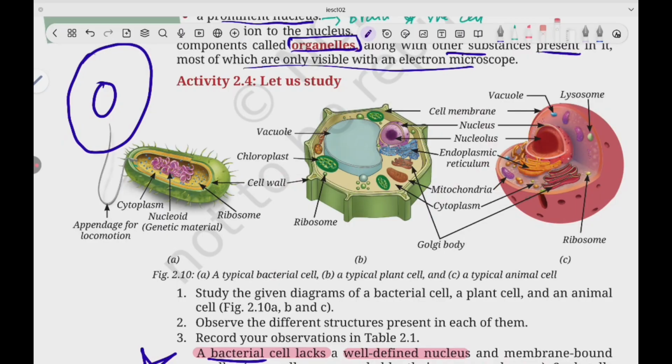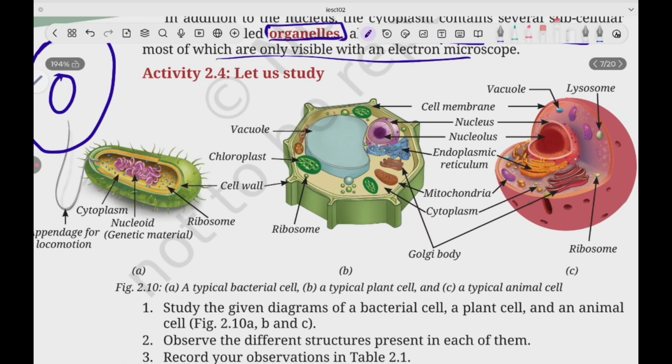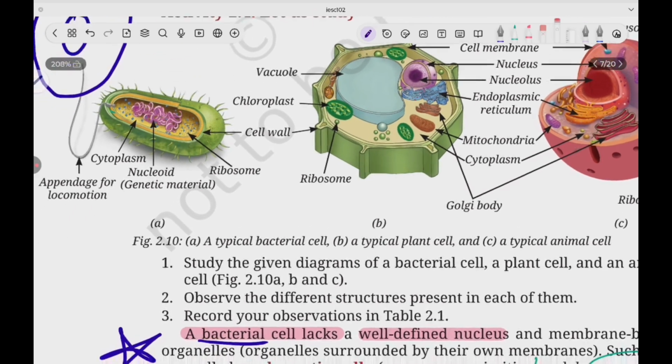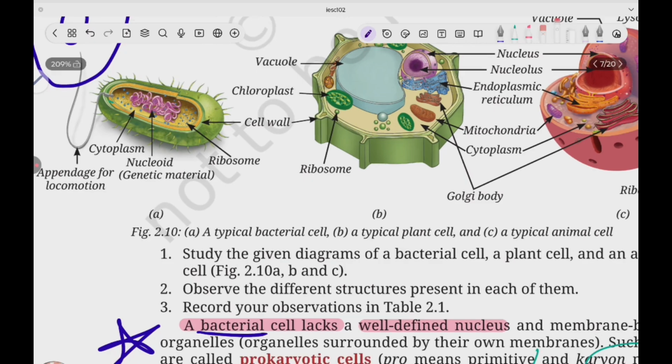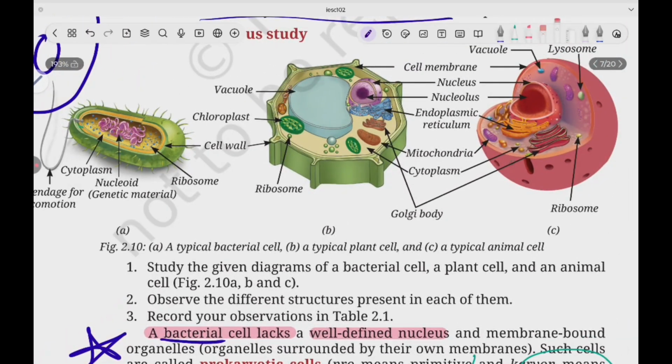The third thing is the genetic material is freely suspended here, whereas in both animal and plant cells the genetic material is covered by an envelope called the nuclear membrane. Just like the cell has a cell membrane, in the same way the nucleus has a nuclear membrane. And all these cells have cell organelles.